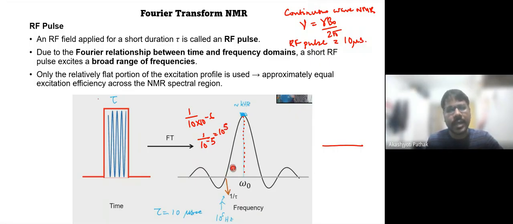So if this RF pulse is applied for 10 microseconds, it corresponds to 10 to the power 5 hertz. To convert the time domain into the frequency domain, you basically take 1 divided by the time. So there is 1 by tau frequency at one end and 1 by tau at the other end, which corresponds to 10 to the power 5 hertz.